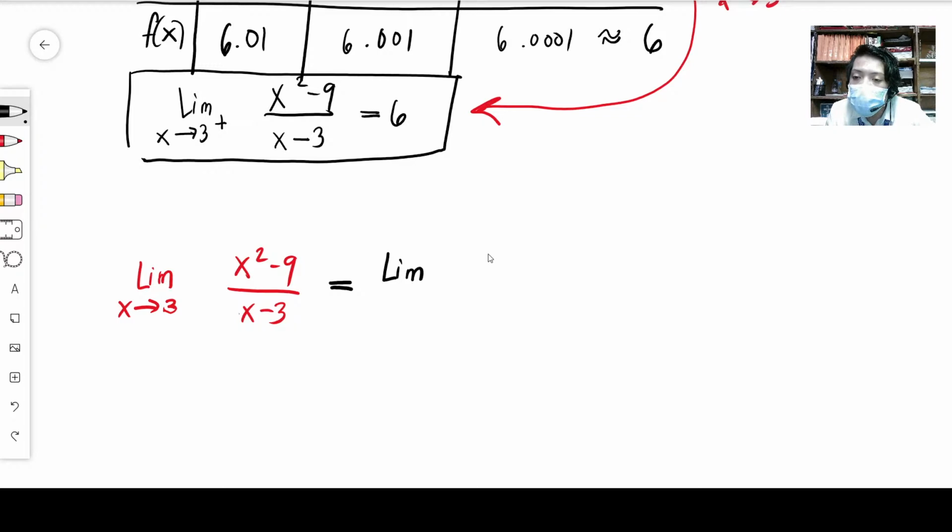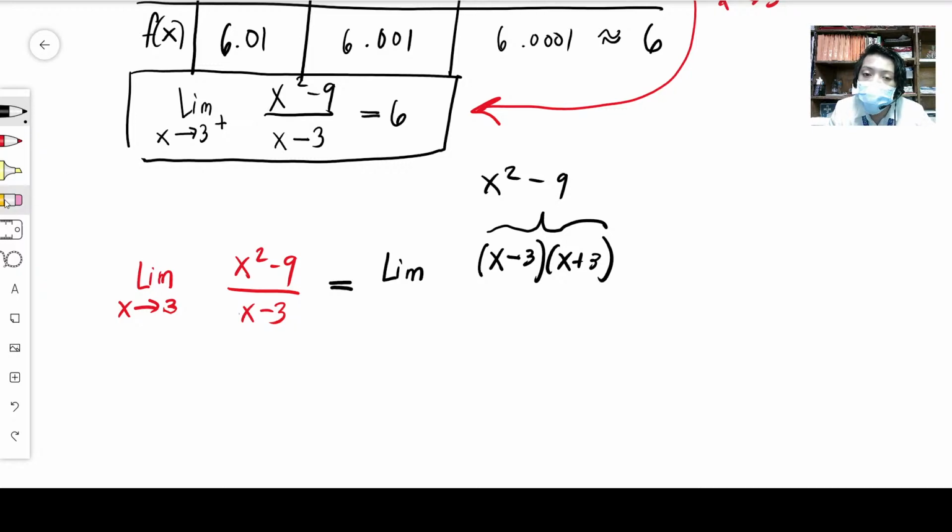Difference of two squares, right? So this is x minus 3 multiplied by x plus 3. If you multiply this, it is equal to x squared minus 9. So technically, we did not change the value of the function because x minus 3 times x plus 3 is equal to x squared minus 9.